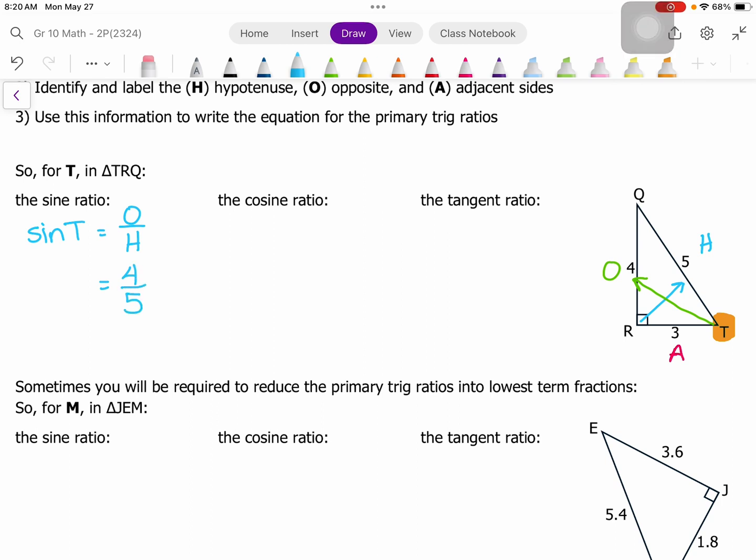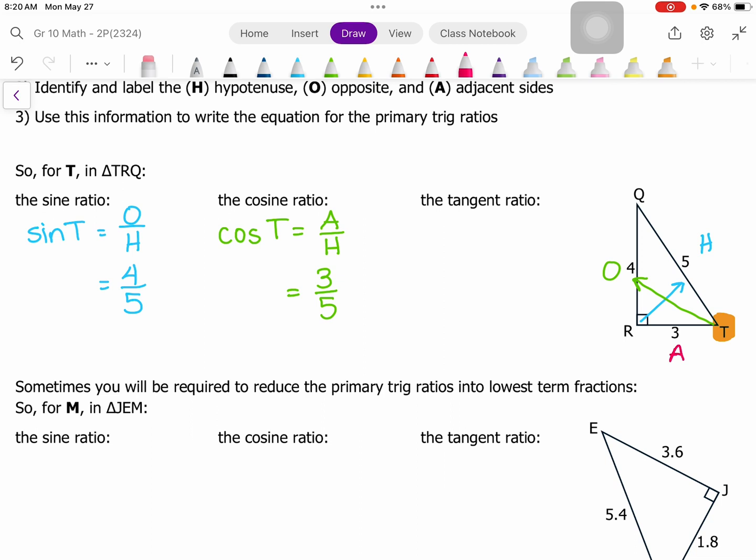That is my ratio for sine. The cosine ratio, and our short form is cos. Cos of angle T is adjacent over hypotenuse, and my adjacent side is 3 and the hypotenuse is 5. So cosine of T is 3/5.